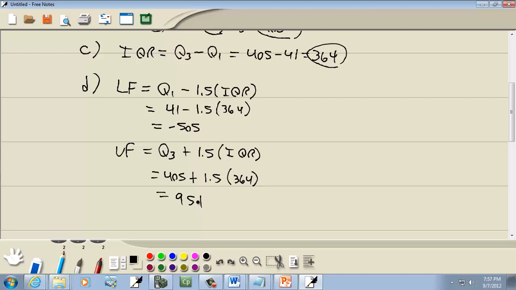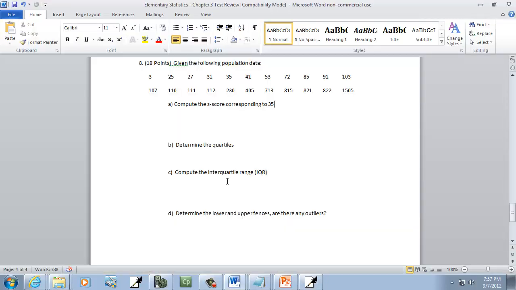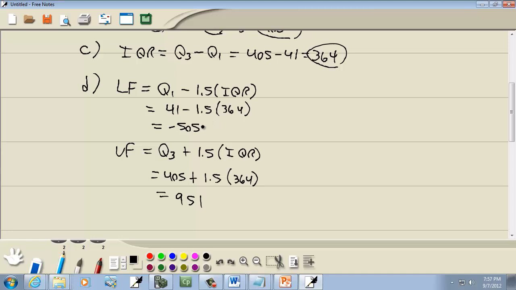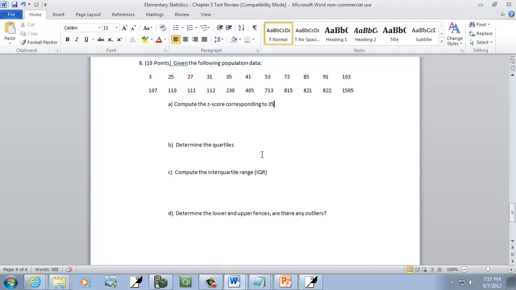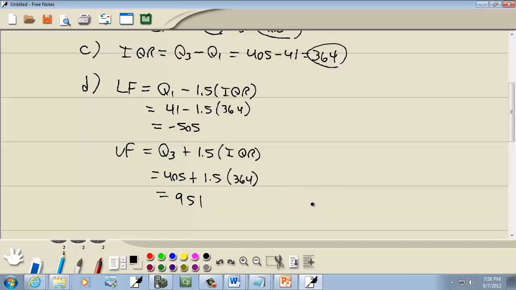Okay, so that's our lower fence, that's our upper fence. If I go back and look at my data, well, there's no negatives in here, so there's nothing lower than our lower fence, but let's look at our upper fence, 951. 1505 is higher than that. So 1505 is our outlier.